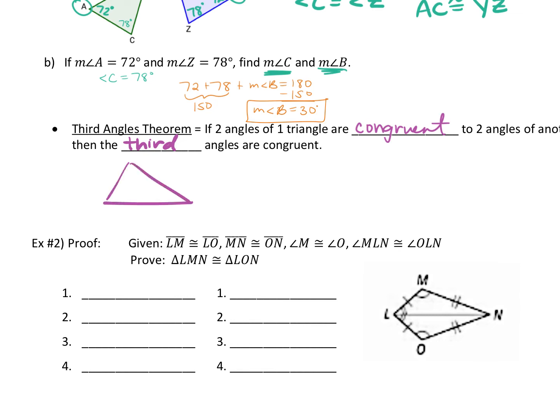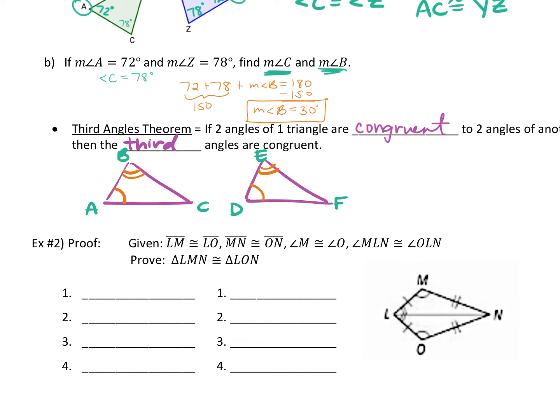If I draw you this picture, we'll label these A, B, C, and D, E, F. Okay. If I know that angle A is congruent to angle D, and angle B is congruent to angle E. Okay. The third angles theorem says I have to know right now that C is congruent to F.